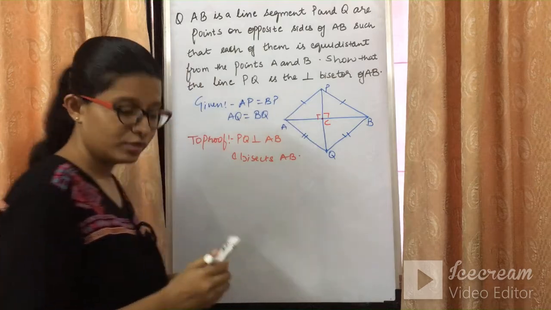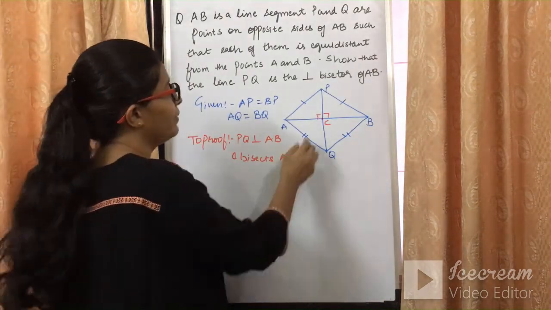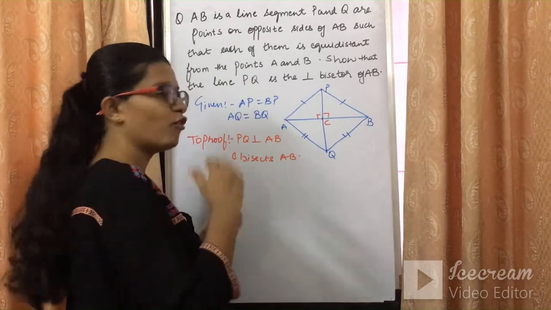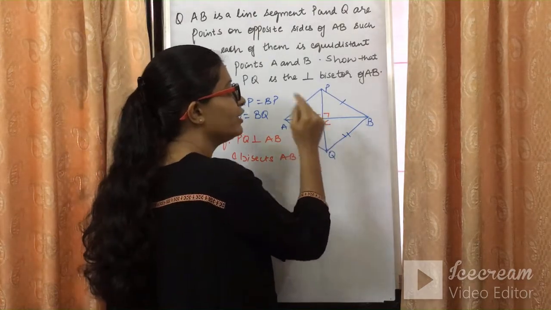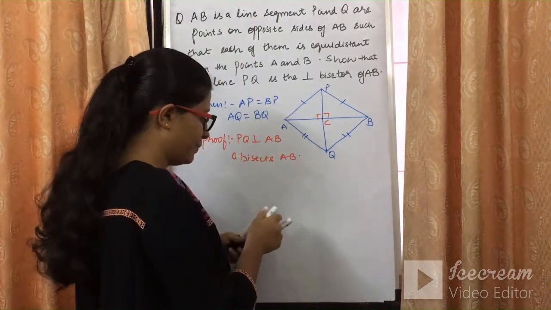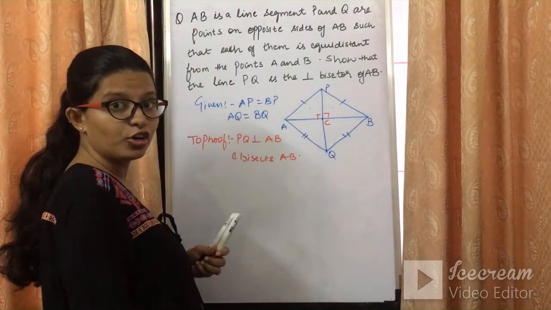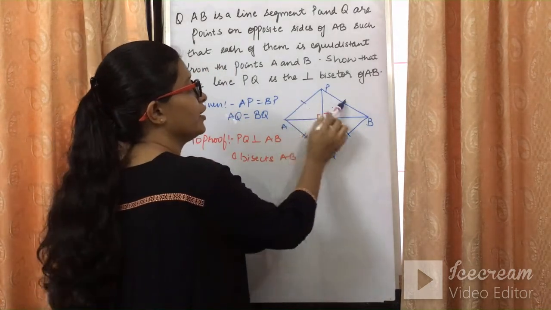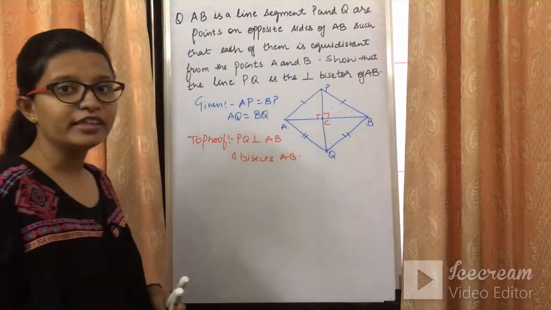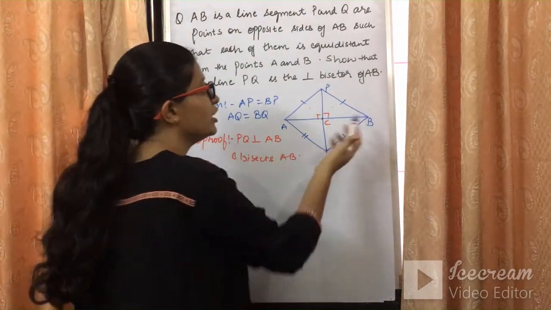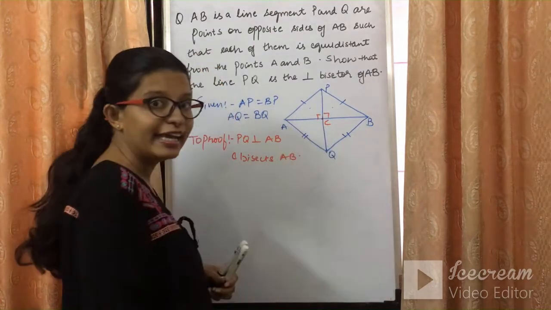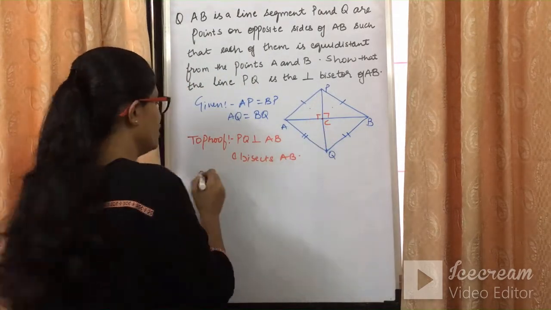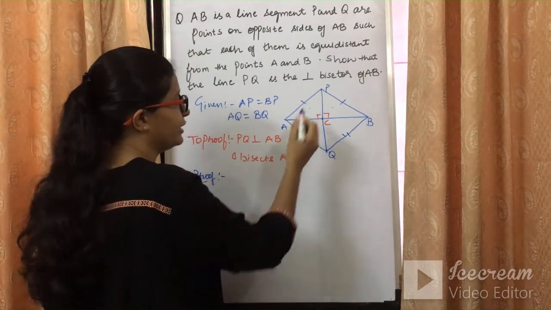Fine. Now let's see how we can prove this. To prove both angles are perpendicular, since I know they will make 180 degrees by the linear pair, as we have already learned in lines and angles, if I prove these two angles equal, then first I need to prove these two triangles congruent. Do I have sufficient material to prove congruency? These two sides are equal, this side is common, and for the rest I don't know whether they are equal or not. So I cannot prove the congruency right now. So let's see how we can prove these two triangles congruent. First of all, we will take these two triangles.